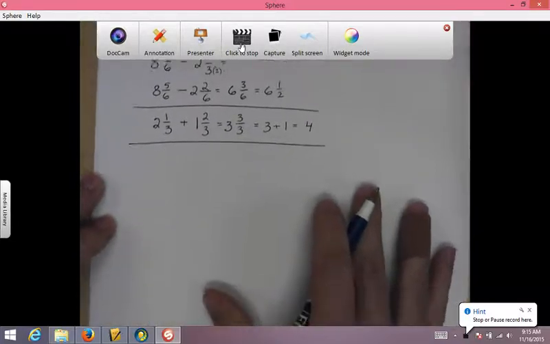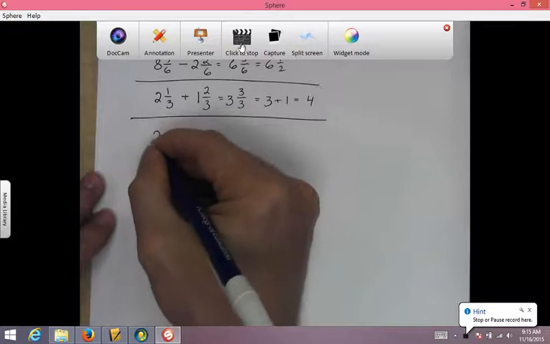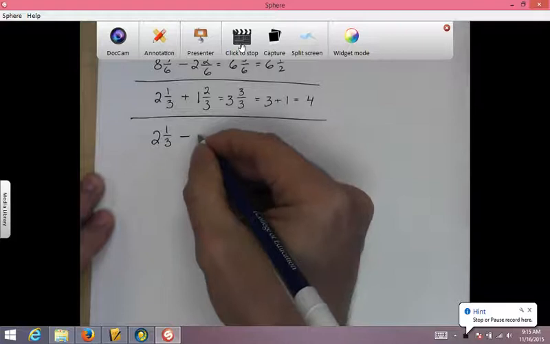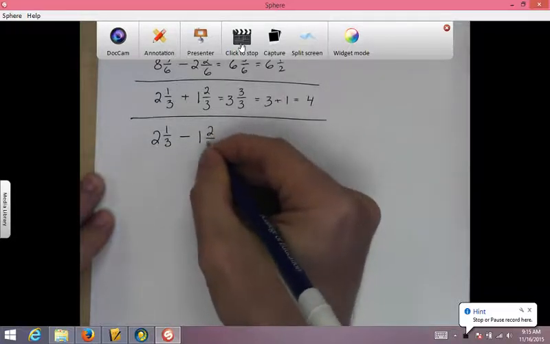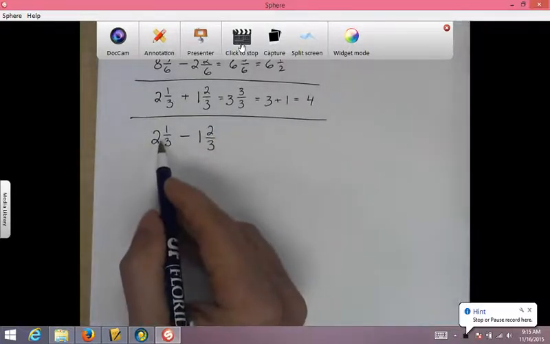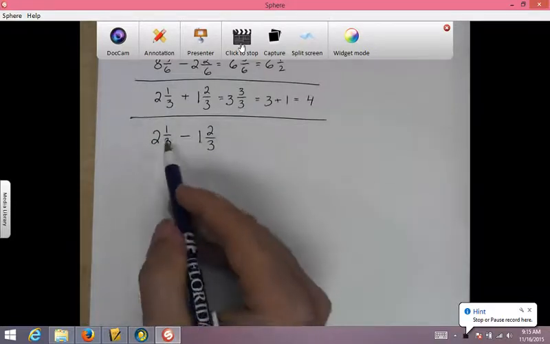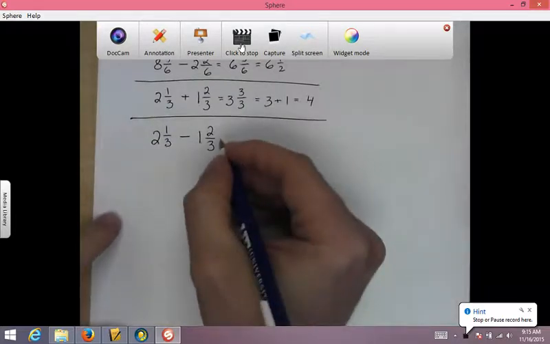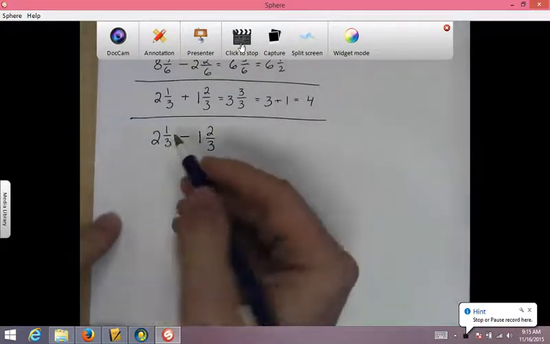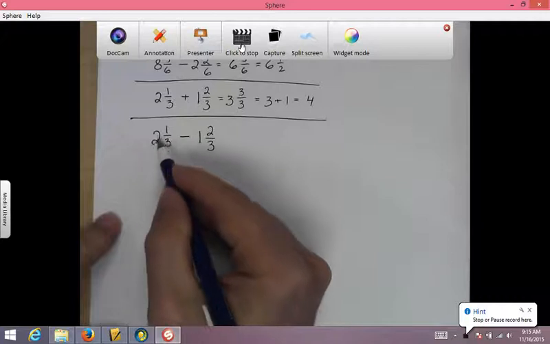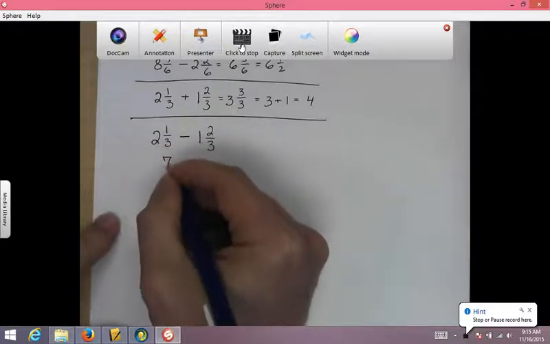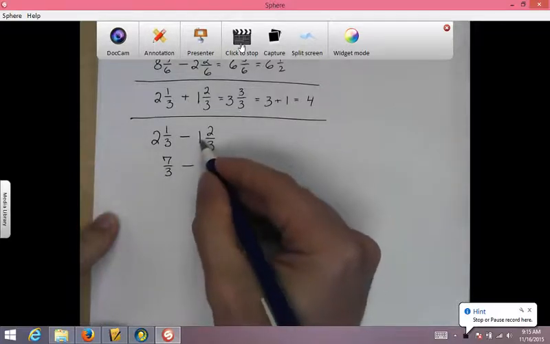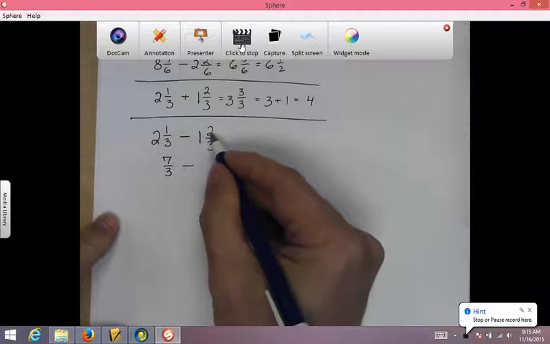Let's take a look. Let's say we had 2 1/3 minus 1 2/3. Well, here, if I did the subtraction, if I said, well, 2 minus 1 is 1, but then 1/3 minus 2/3, I can't do that unless I go into negatives. An easy method for this, 3 times 2 is 6, plus 1 is 7. So the improper fraction here is 7/3. 3 times 1 is 3, plus 2 is 5.